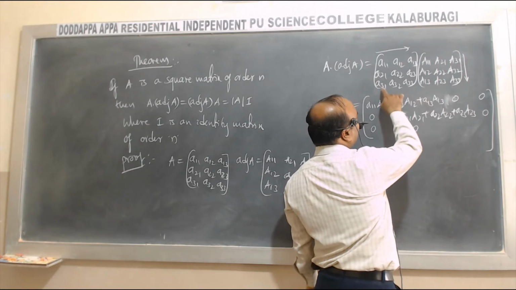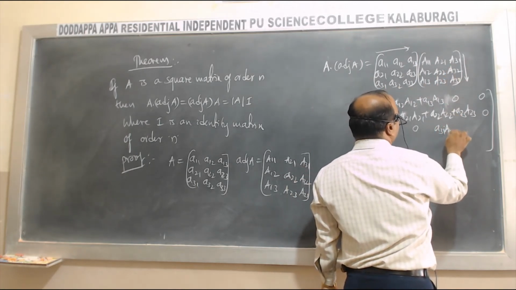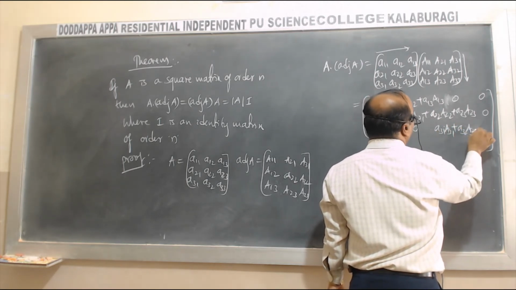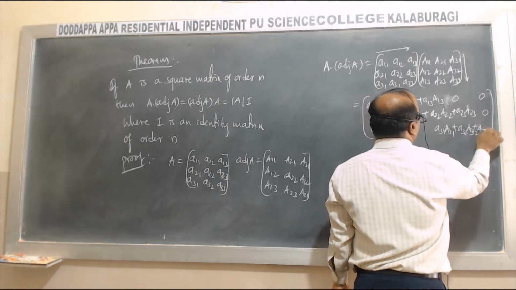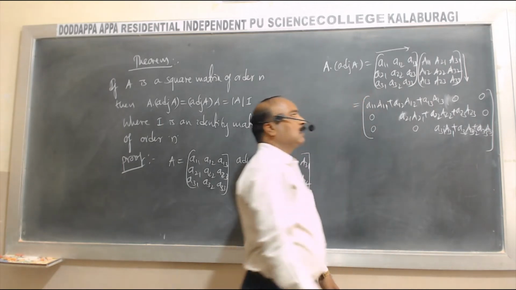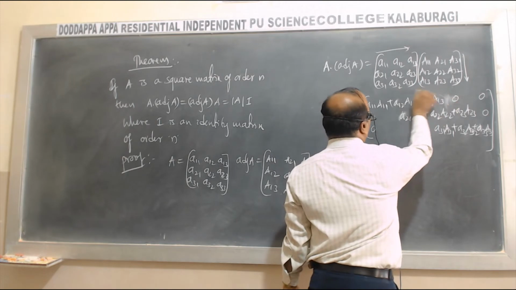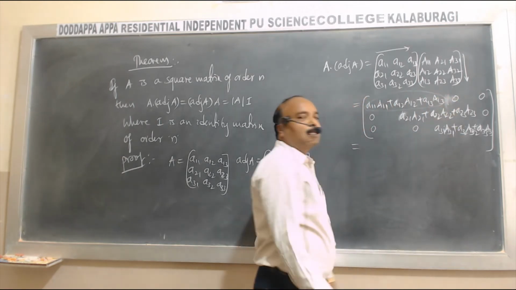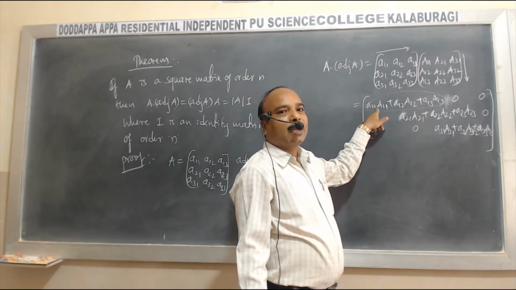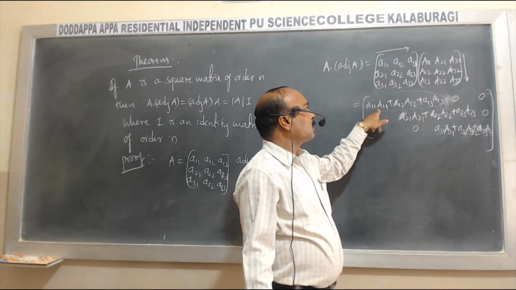And the third row, third column is a31 A31 plus a32 A32 plus a33 A33. Like this we get by multiplication. Now, as we know from the previous class, this value is always equal to determinant of A, because it is the sum of product of the elements of the row with the same row's cofactors.